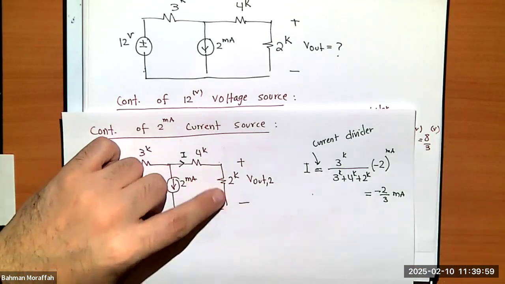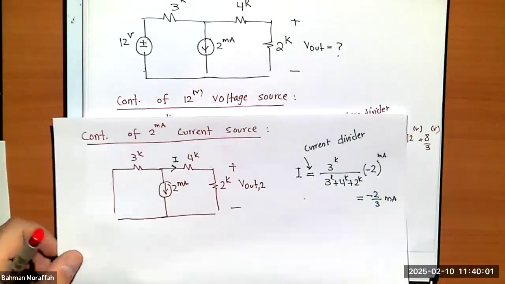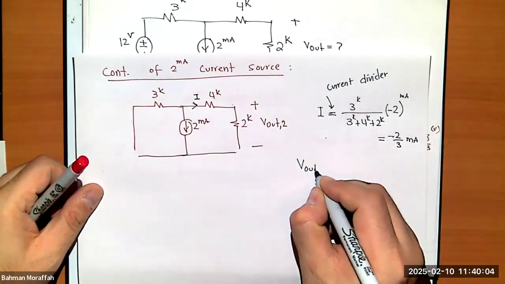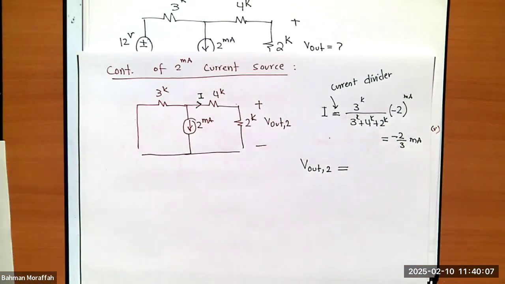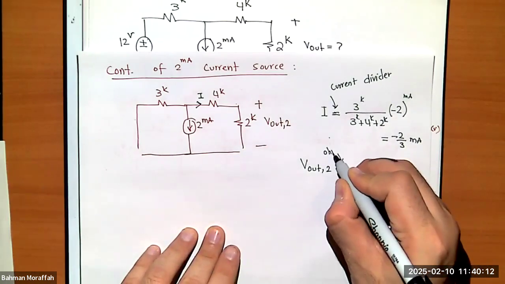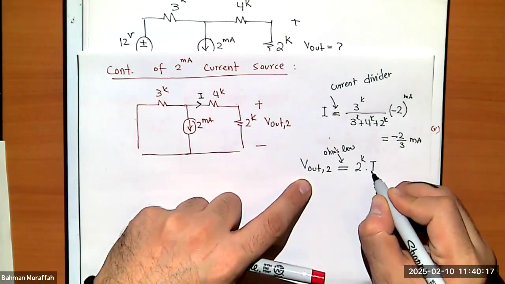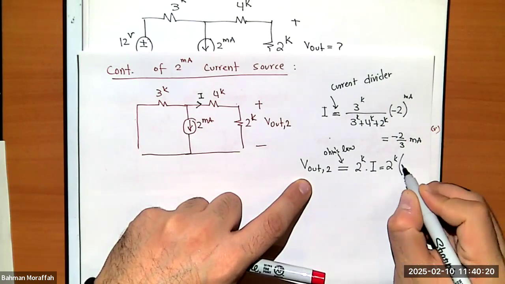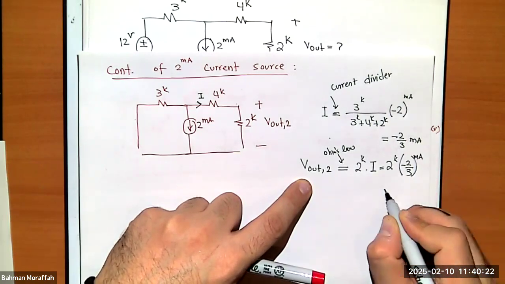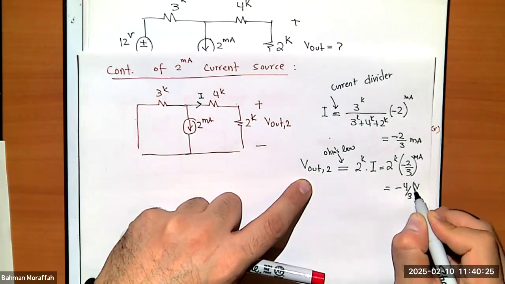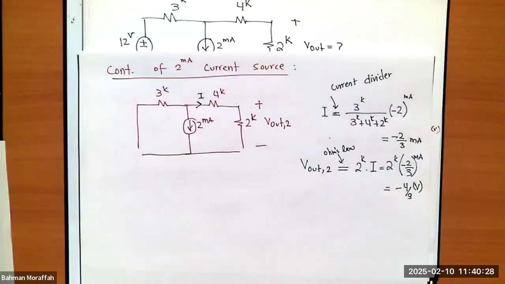Now I know the current through this. What is the voltage across it? What is V out 2? I have Ohm's law, right? That tells me V out 2 is 2K times I, which is 2K times minus 2/3, which is minus 4/3 volts. Right? What is V out in total? It's the contribution of the first source plus the contribution of the second source.